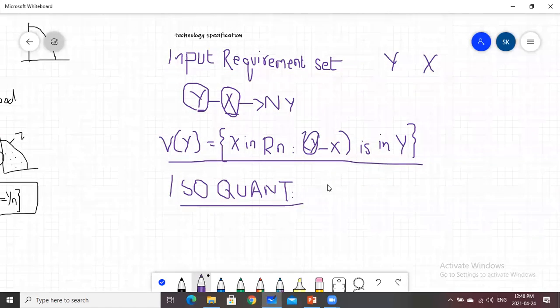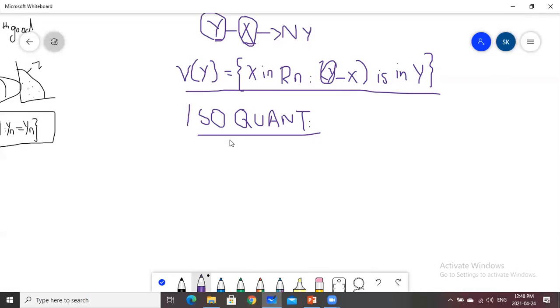Isoquant is the production plan and production possibility of the firm. We draw it like this. It shows that in order to produce this level of output, Q, certain units of input 1 and certain units of input 2 are used in its production.